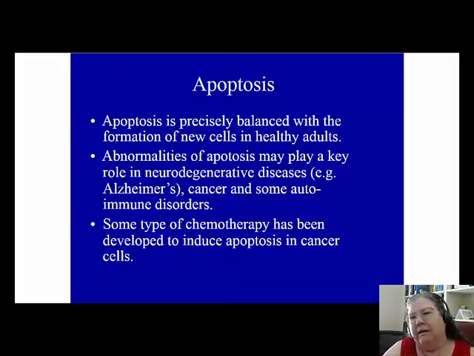We certainly know that's true in cancer, that in some cases the loss of the cell's ability to die with programmed cell death becomes the focus of uncontrolled growth. It also seems to be true in some autoimmune disorders. And understanding this process has allowed for the development of some drugs to try to help induce apoptosis in these abnormally reproducing cancer cells.